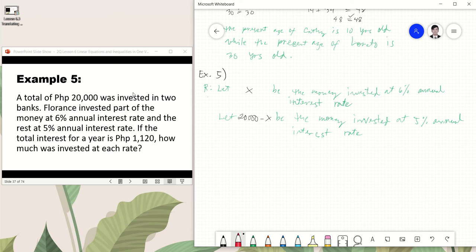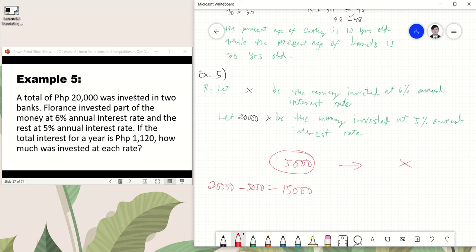So parang isipin niyo na lang kung nag-invest siya ng 5,000 dun sa 6% annual interest rate. So yung natitira sa 20,000, kung kukunin na natin yung 5,000, that is 15,000. So paano natin nakuha yung 15,000? So that's 20,000 minus kung magkano yung ininvest niya sa una. So same concept.